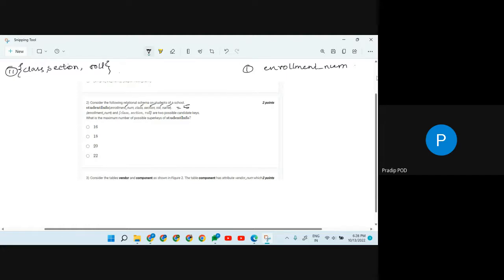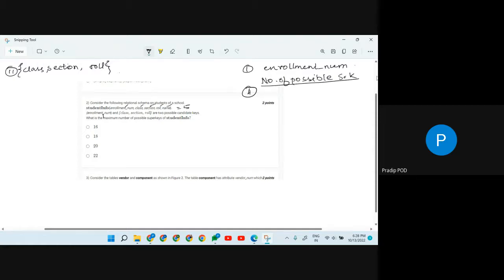So using this particular candidate key, can you tell me how many possible super keys there are? It is exactly the same.